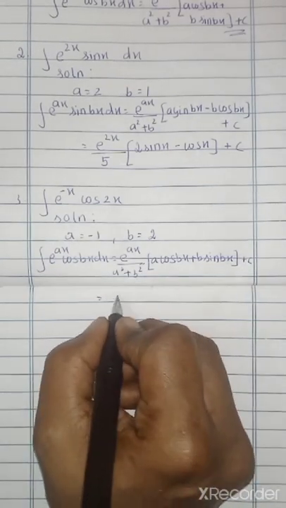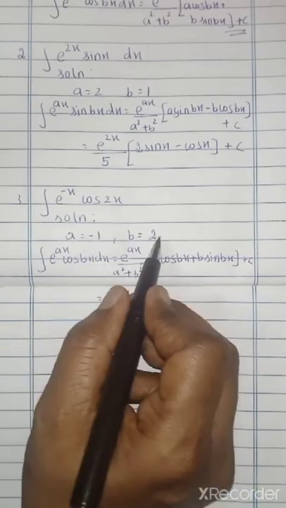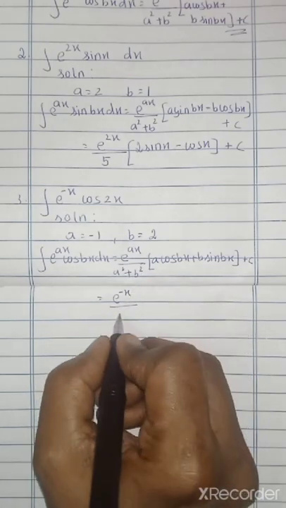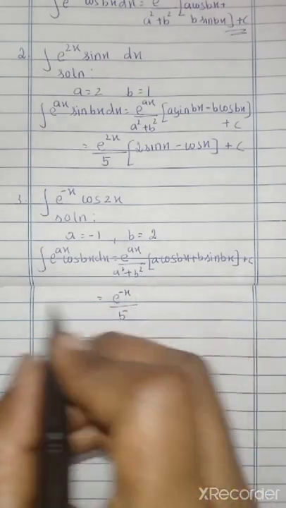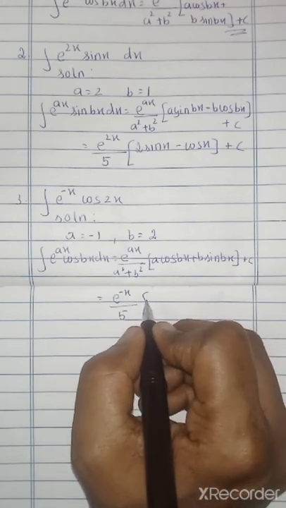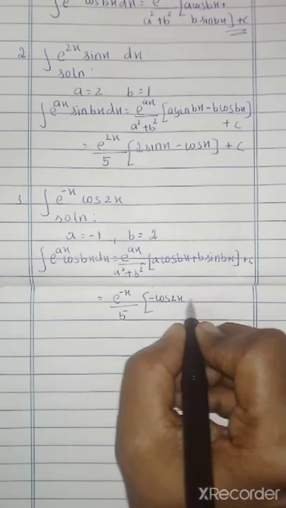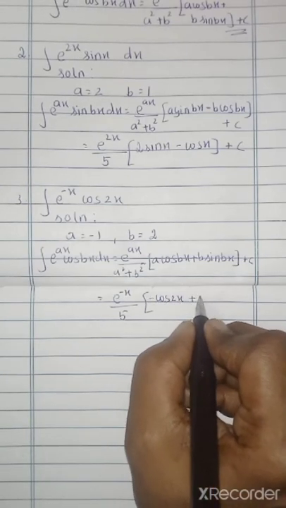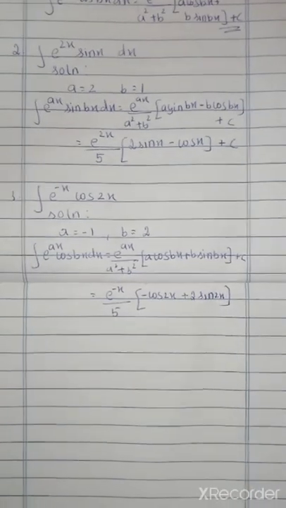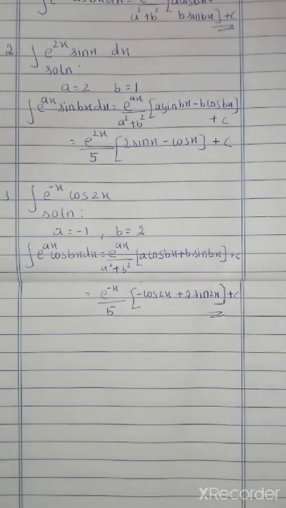That is e power minus x by 1 square is 1, 2 square is 4, so 4 plus 1 is 5, divided by 5 into, what is your a value? A value is minus 1. So minus cos 2x plus 2 sin 2x plus c is the final answer.